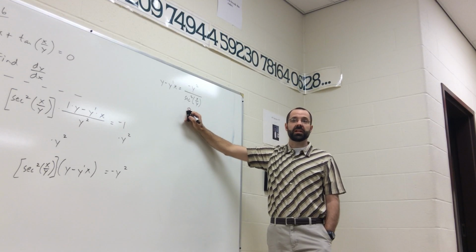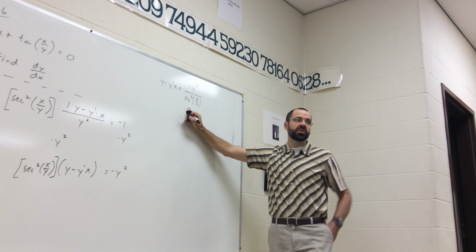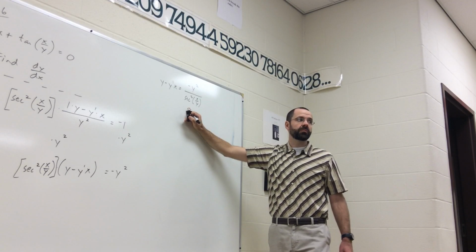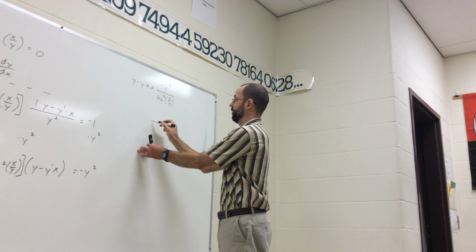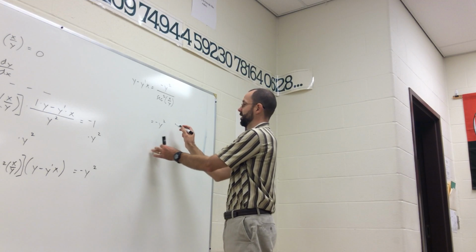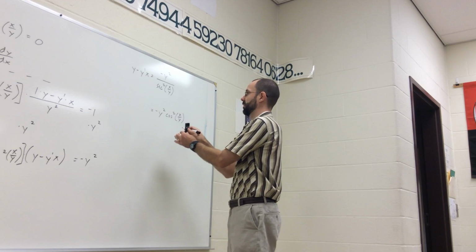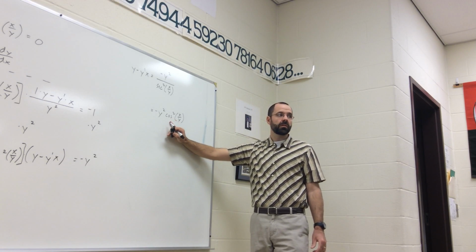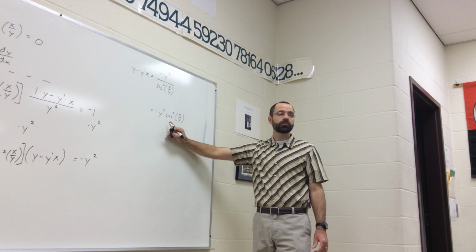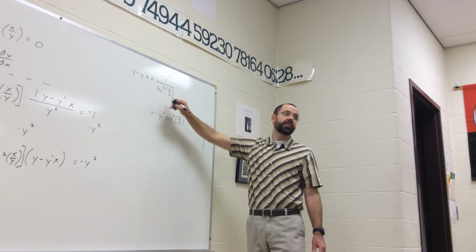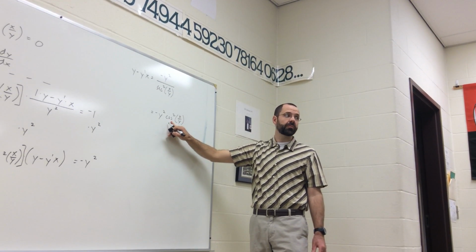So dividing by secant is the same thing as multiplying by cosine. So this could be rewritten as -y squared times the cosine squared of x over y.